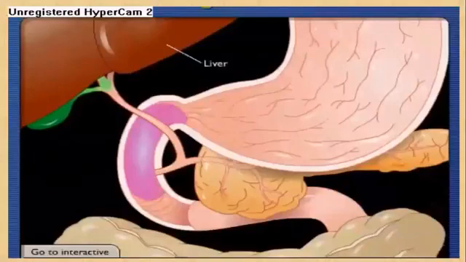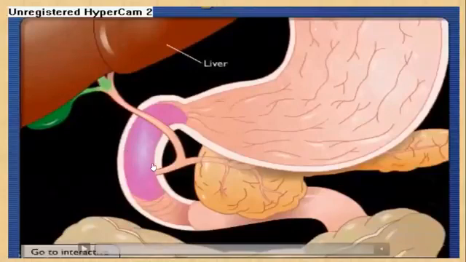It is 98% water, and 0.8% bile salt is present in bile, and it passes through the bile duct, and the other organ is the pancreas.